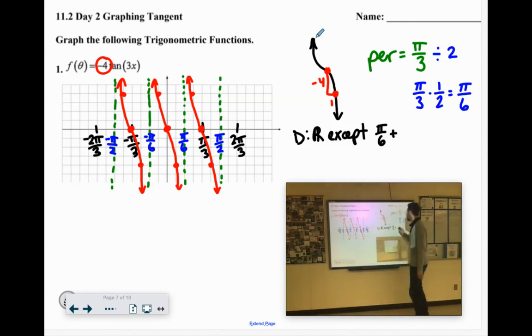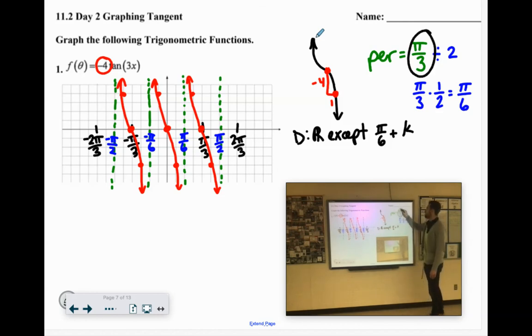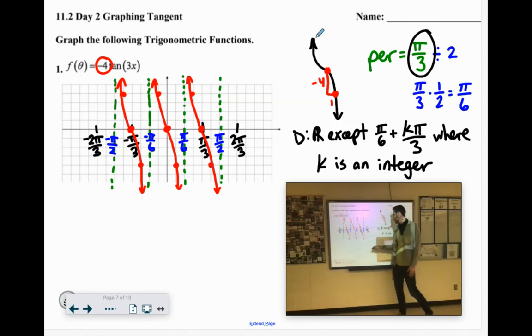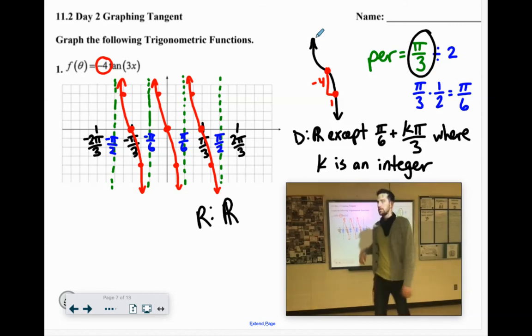So we write k times, and our period here was pi over 3. So k pi over 3, where k is an integer. And then the range, all real numbers. Cool. Let's try another one.